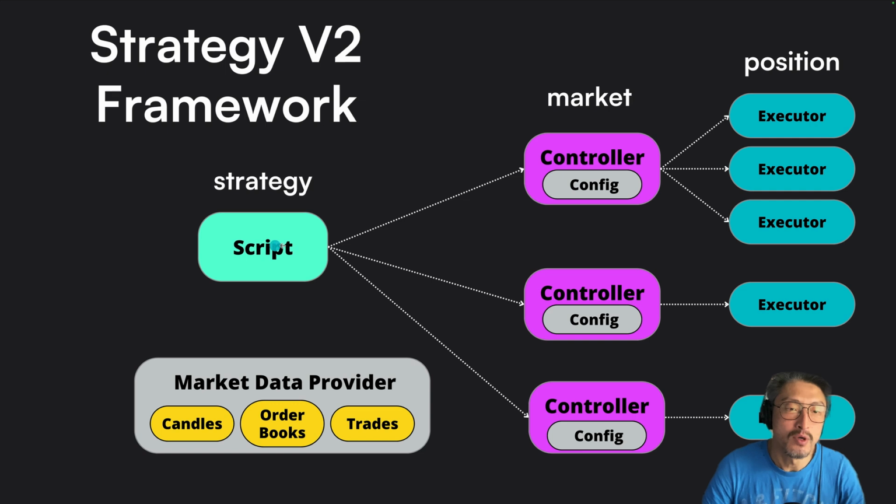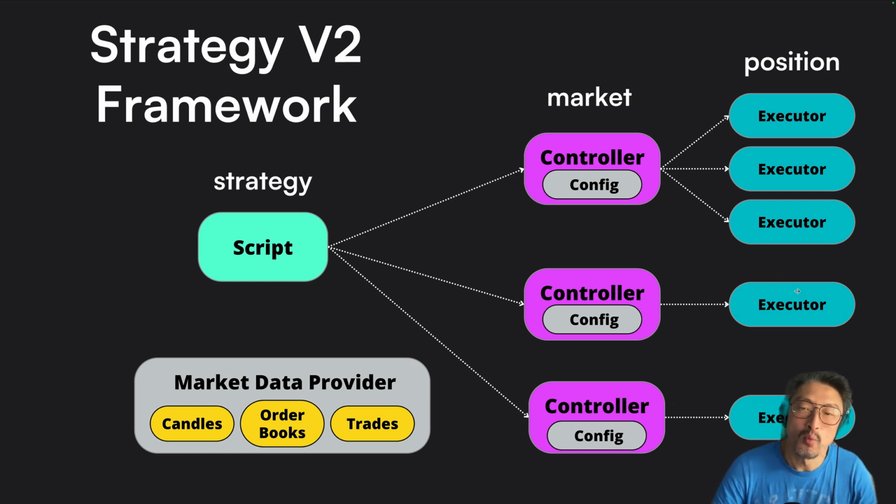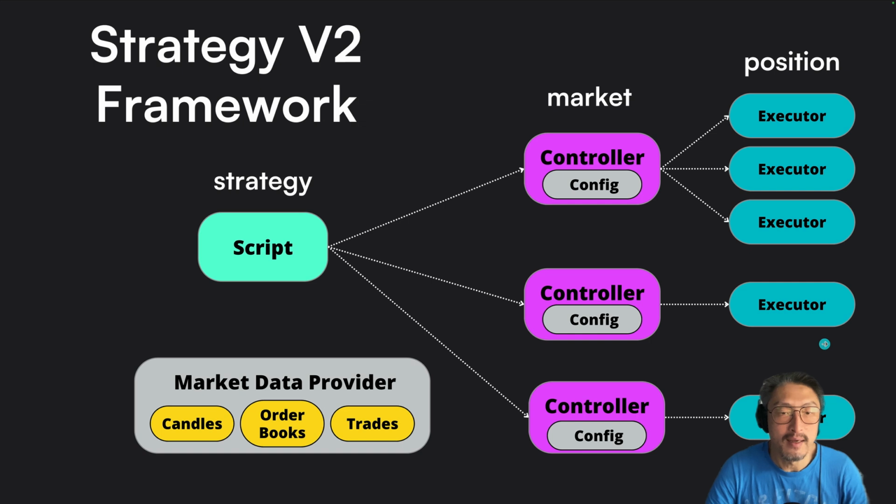In this example, from a single script loader, you can define 3 different sub-strategies as controllers, perhaps one for each trading pair you're making a market on. Each of those controllers can maintain a set of orders, and once those orders are filled, each order converts into an executor, which manages its own risk by setting take profit and stop loss levels.